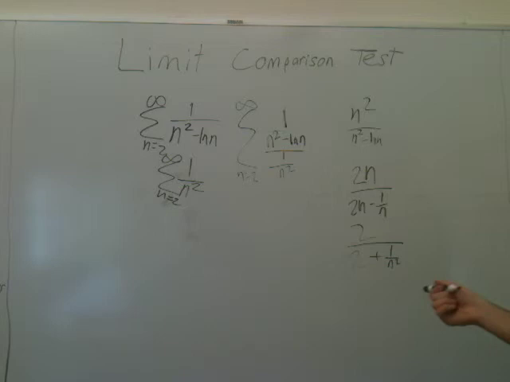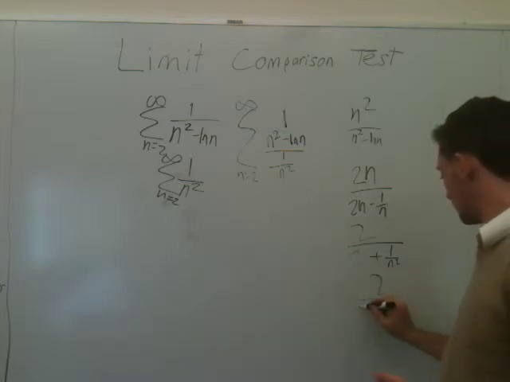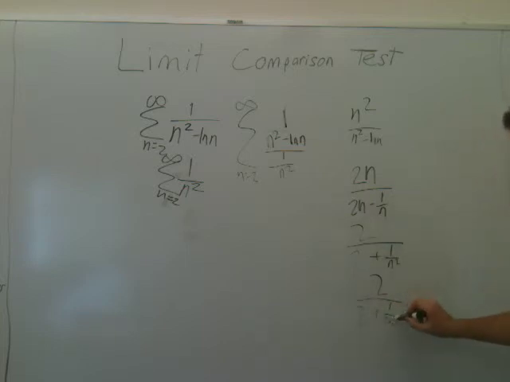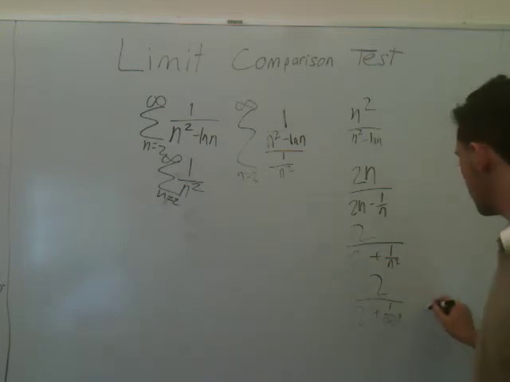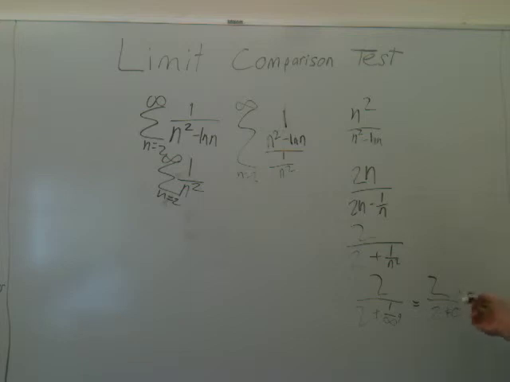Now, we're going to plug in infinity, which will make this term very, very small. That'll force this to be 2 over 2 plus 0, which will come up with an L of 1.